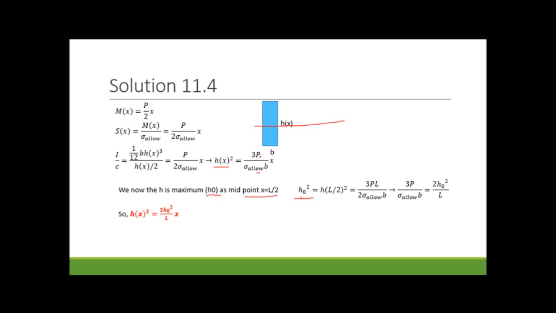So h0 squared is equal to 3PL over 2 sigma allowable b, and therefore 3P over sigma allowable b is equal to 2h0 squared over L. Instead of this value, I can write 2h0 squared over L. Then h squared is 2h0 squared over L times x. It is a very simple formulation.